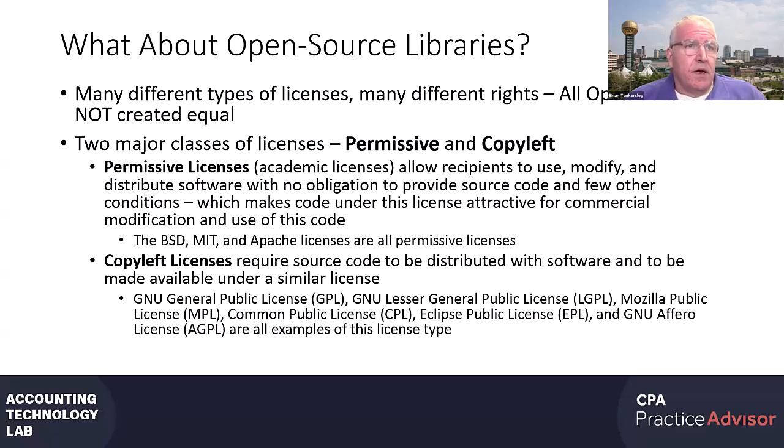There are a lot of laws and regulations that we'll discuss in a future episode, but that's our introduction to licensing. I hope it helps you understand what's going on there.